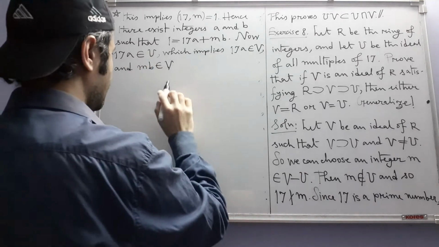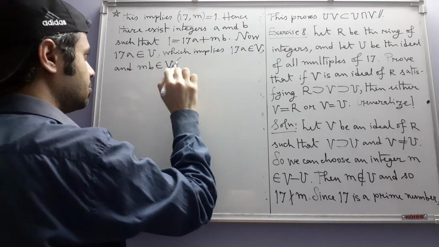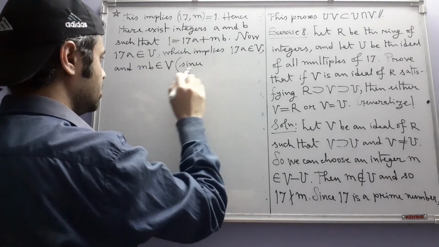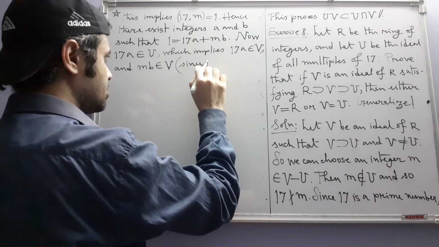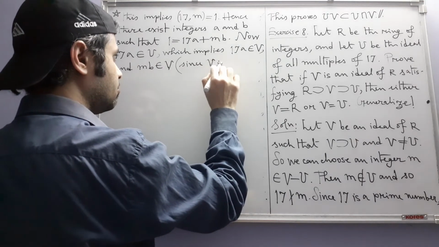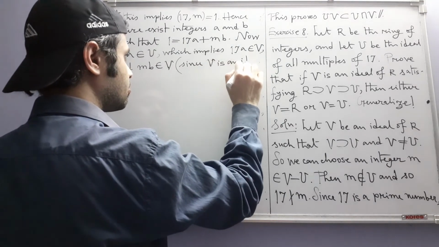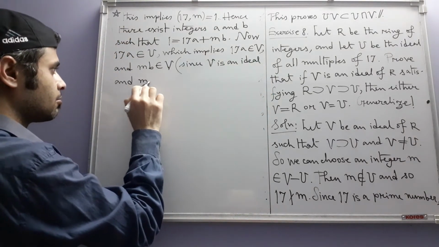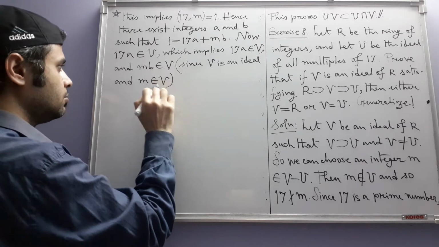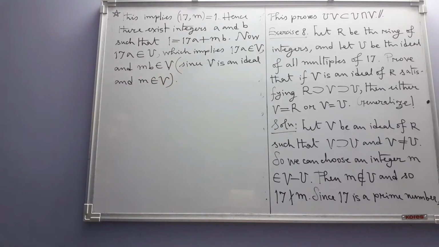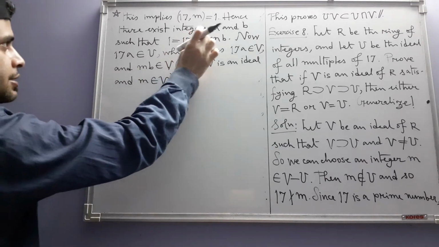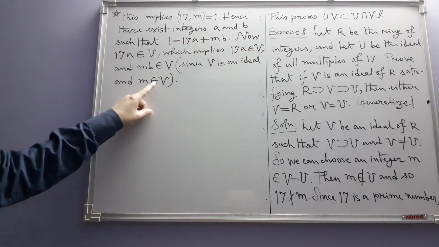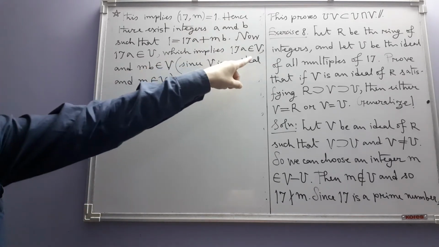Okay, and mb belongs to V, since V is an ideal and m belongs to V. Okay, so both these integers 17a and mb are in V.